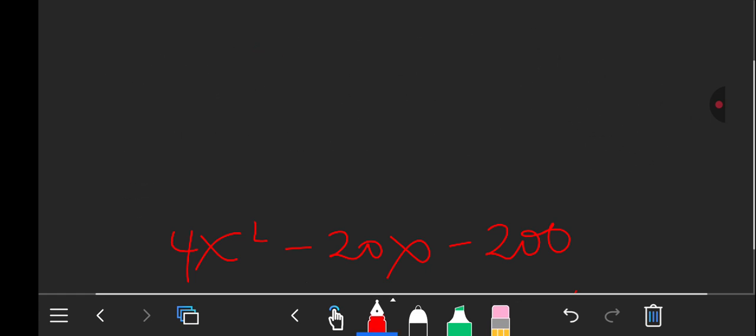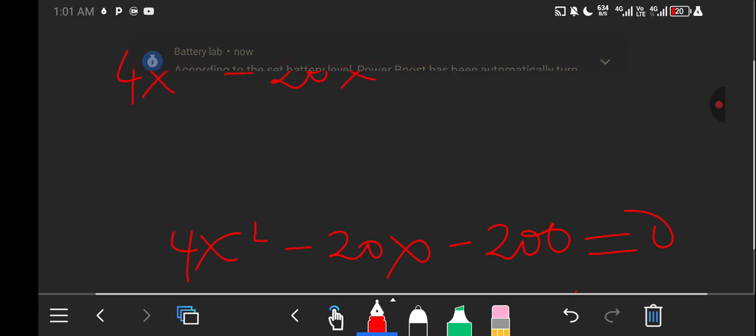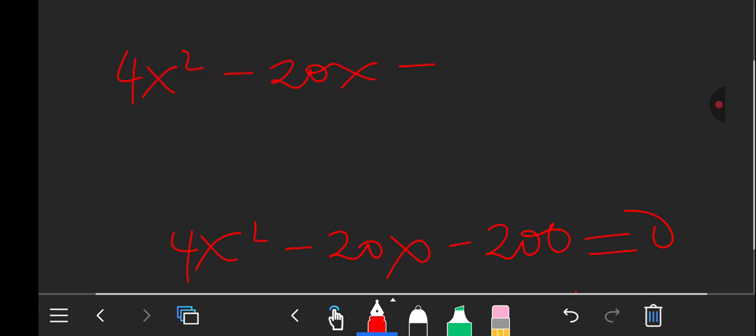So we have 4x squared minus 20x minus 200, and this is supposed to be equal to 0. You can divide by 4 throughout, just to reduce this.